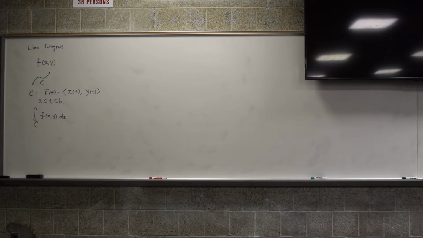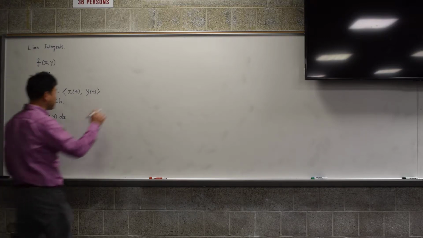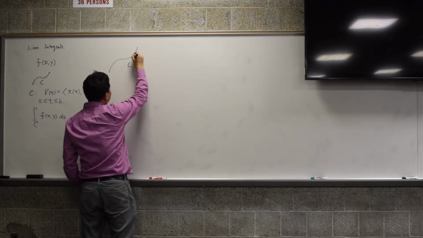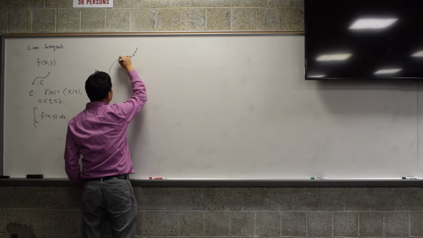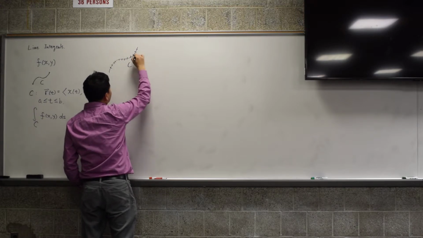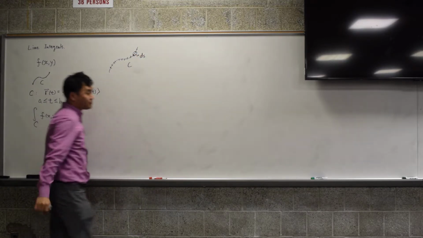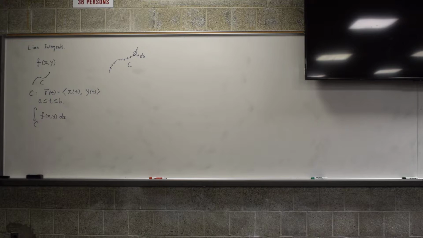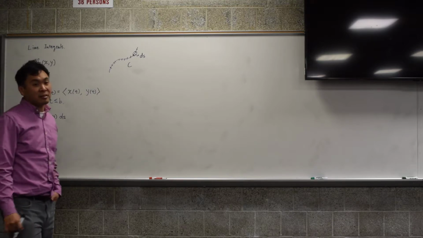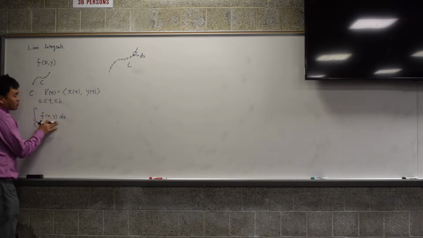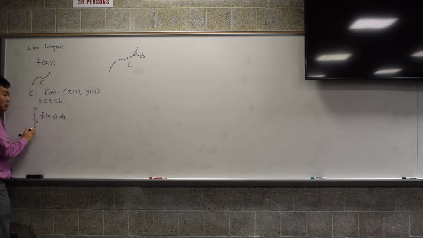If you have a curve, and you divide it into many, many small parts, this very tiny part of it is what we call ds. So it's a small length element. What we're trying to do is multiply the function by this length element, and add it up as we go along C.